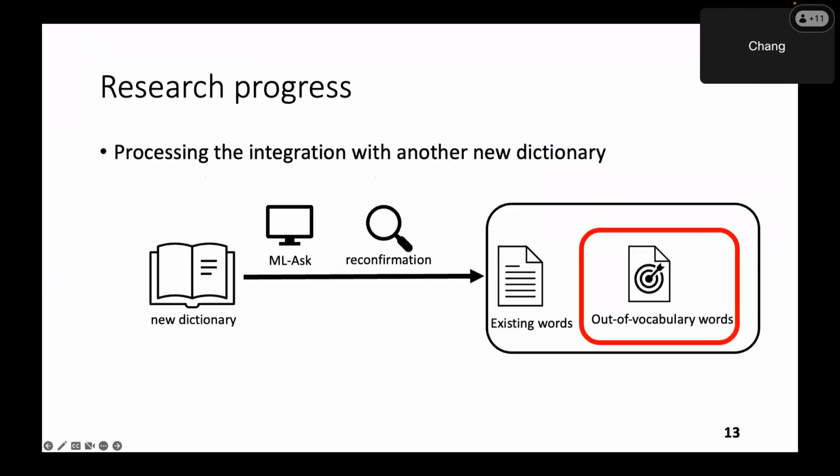So next, I will mainly talk about processing the integration with another new dictionary. So firstly, we used MLASK and manual reconfirmation on the word list of the new dictionary to verify the number of words which already exist in MLASK and the number of out-of-vocabulary words.